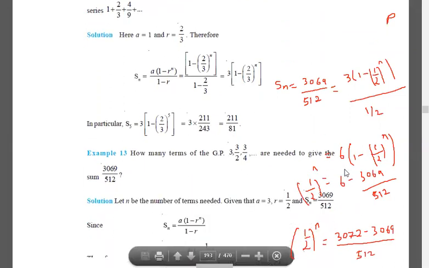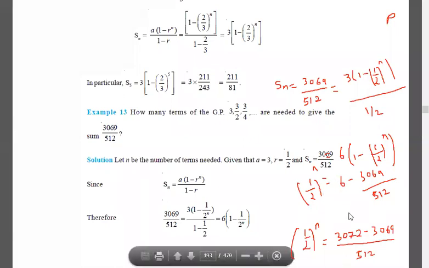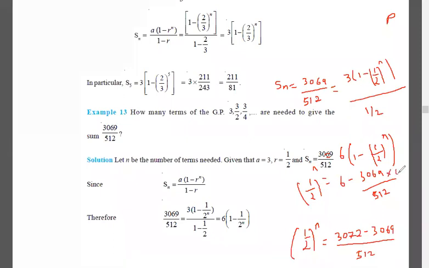Okay, this is what we did. Sorry, this is 6 into, a very small mistake, into 6. The 6 multiplied to both sides. Sorry, 6, not here. This is into 6. So if you solve this, you will get 1 by 1024.